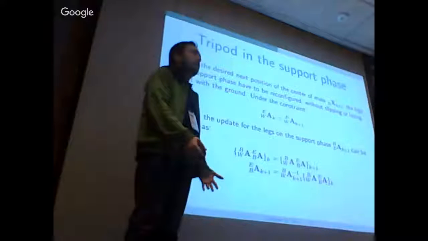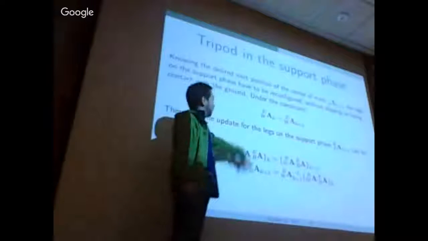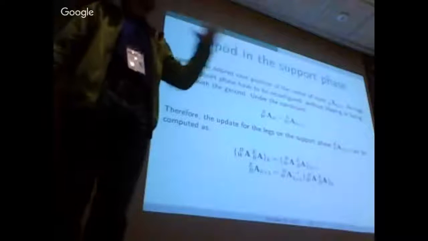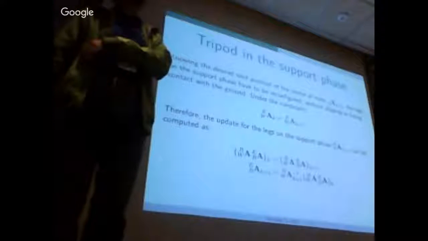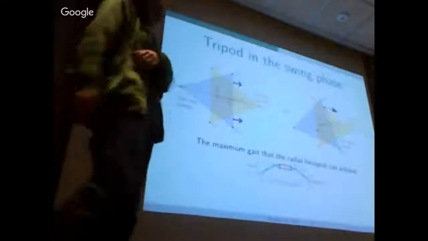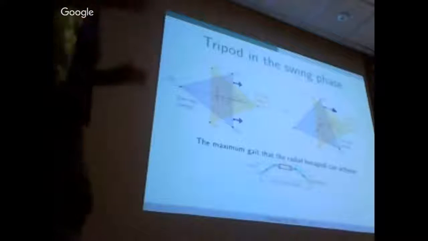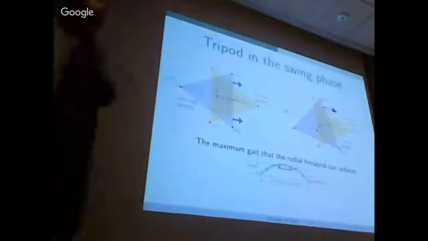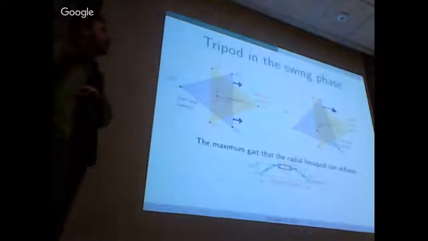So we solve this constraint, and using it, we define how to make the robot move forward while the support tripod remains stationary with respect to the world reference frame. Right? And for the tripod in the swing phase, we define two different cases.